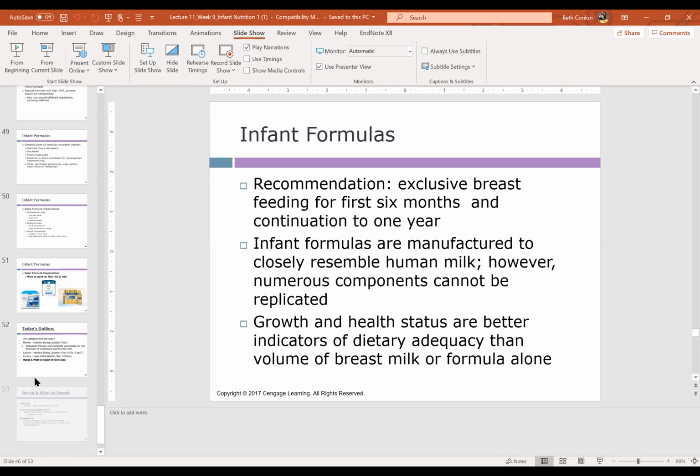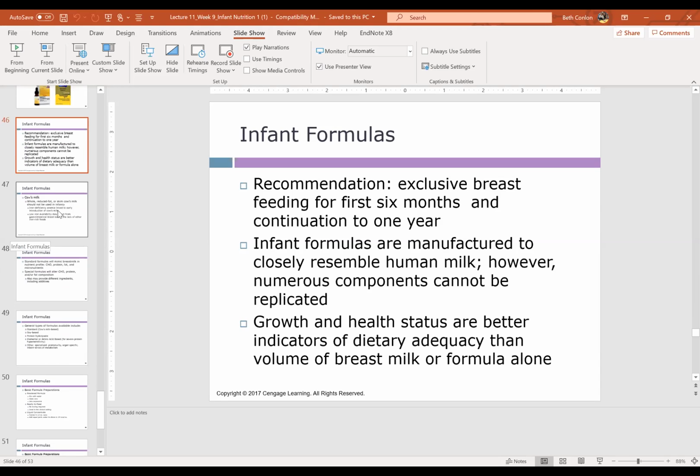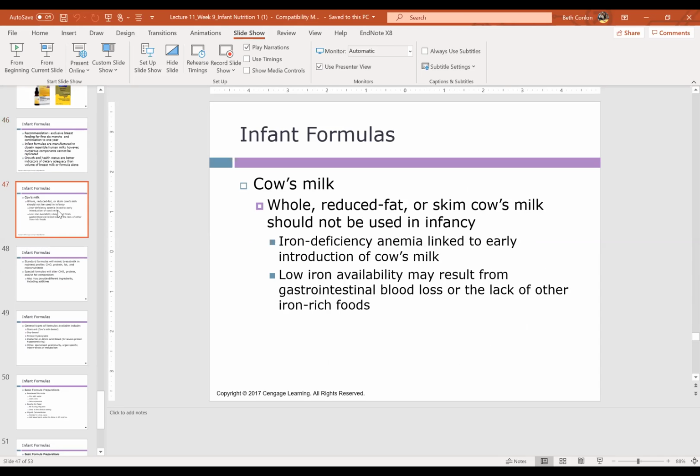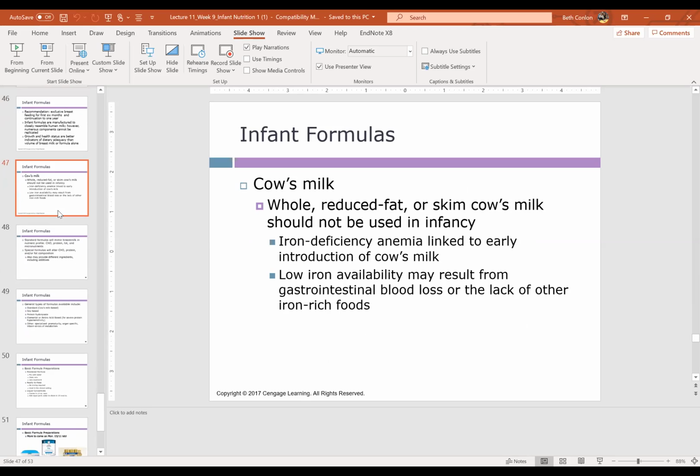So for formulas, it is recommended to exclusively breastfeed for 6 months and continue to 1 year, but for various reasons, formula is needed. And formulas now, we're fortunate because they are manufactured to closely resemble human milk, but a lot of things still can't be replicated.